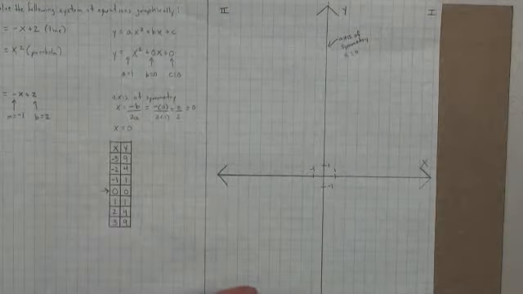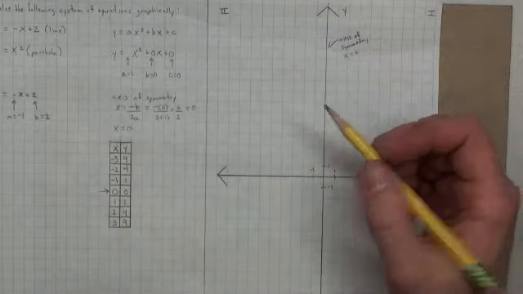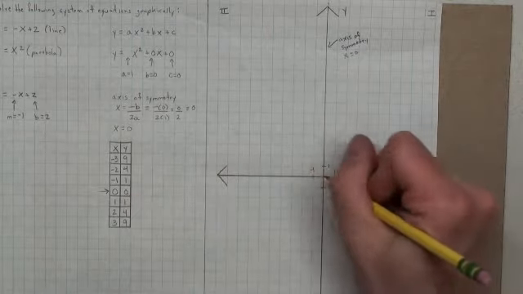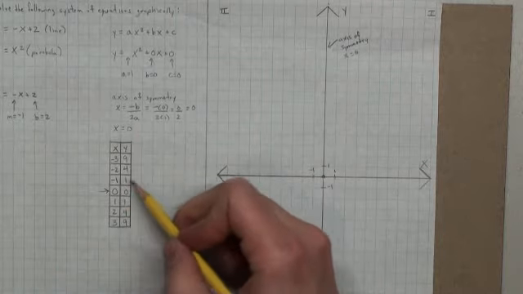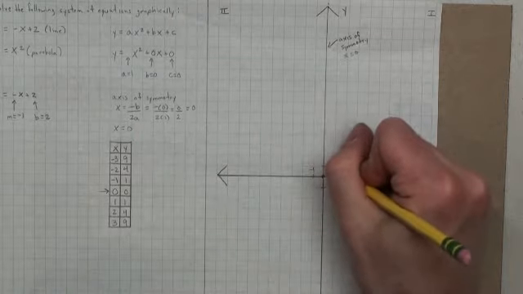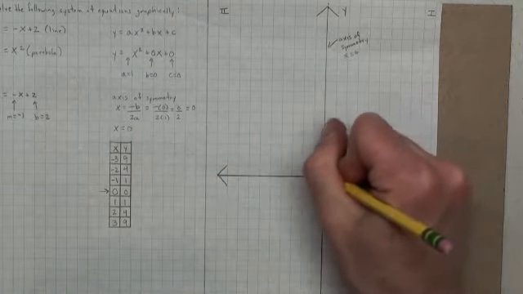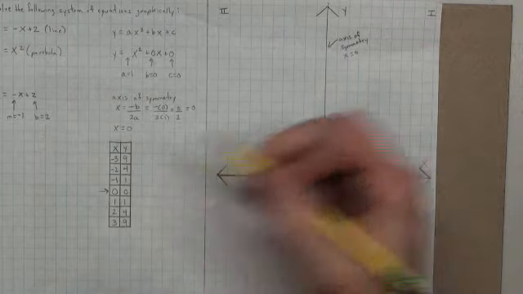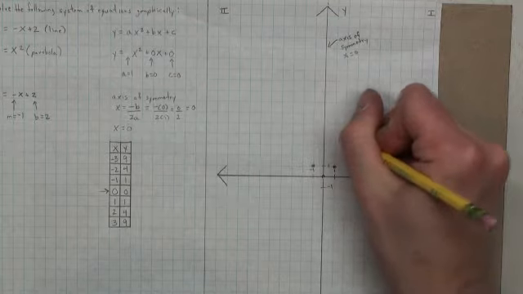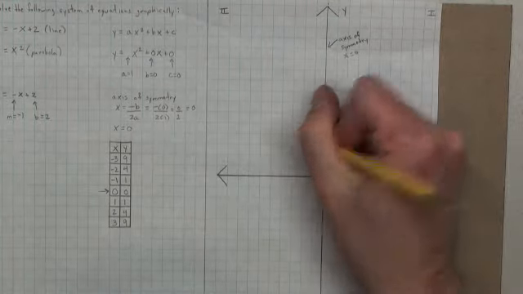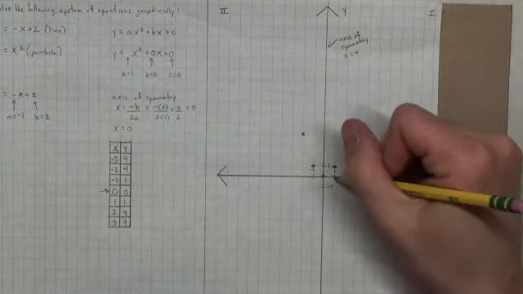All right. So I'm going to plot my vertex first, 0, 0, and then I have 1, 1 and negative 1, 1. So 1, 1, negative 1, 1, 2, 4 and negative 2, 4, and 3, 9 and negative 3, 9.